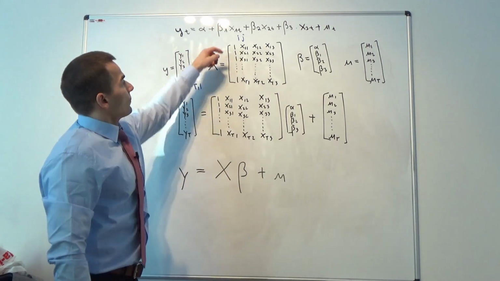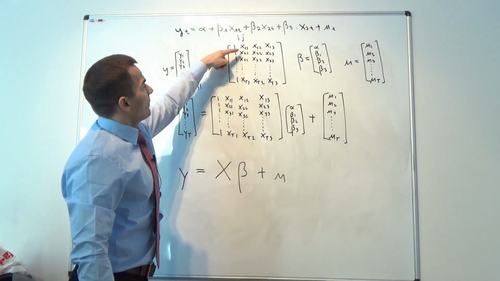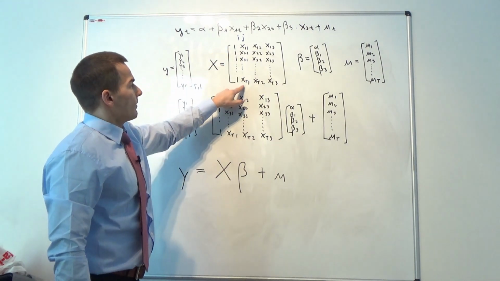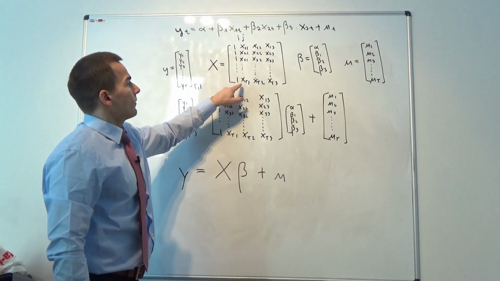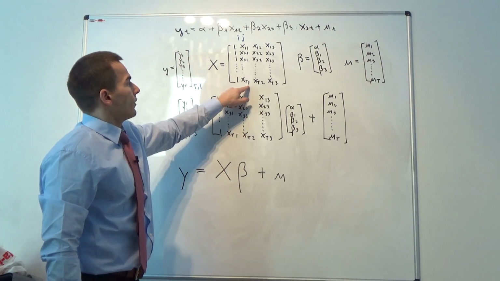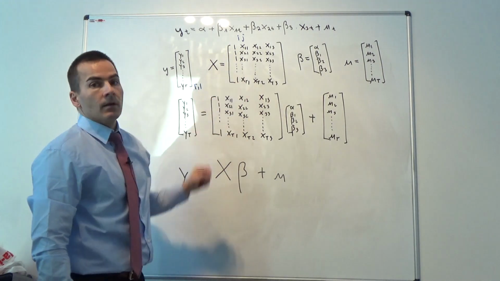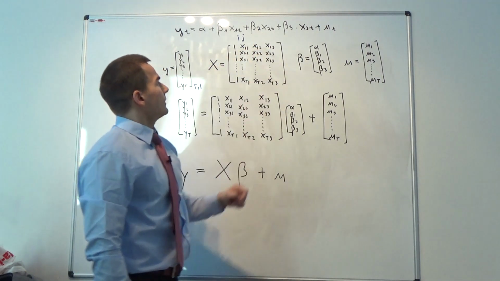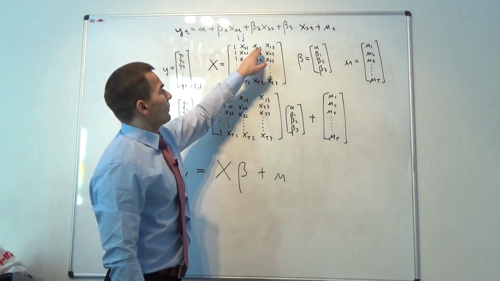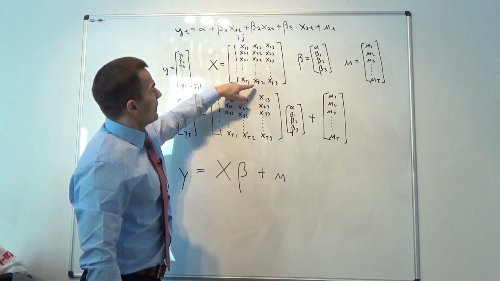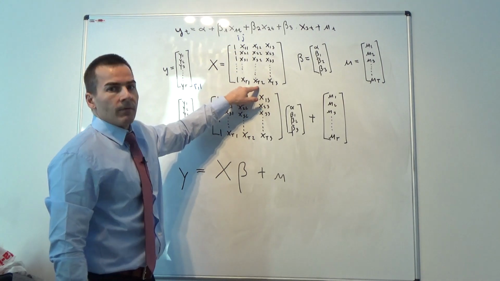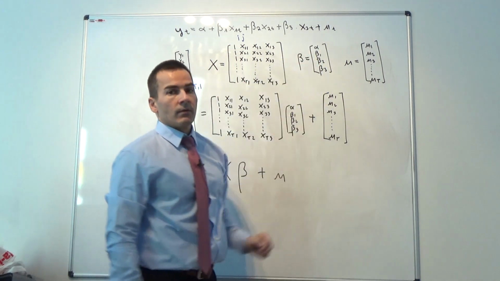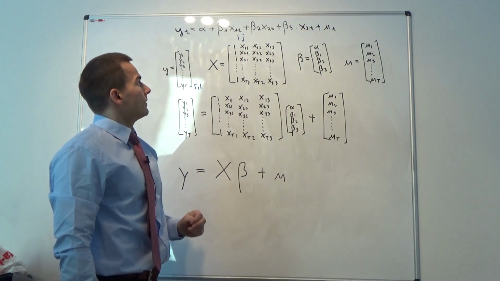So we stack the observations into this column vector. The last observation is the observation at time capital T for our first regressor, x_T1. We do the same for our second regressor, x2t. We start with the first observation and end with our last observation at time capital T. The same we do for our last regressor, x3t.